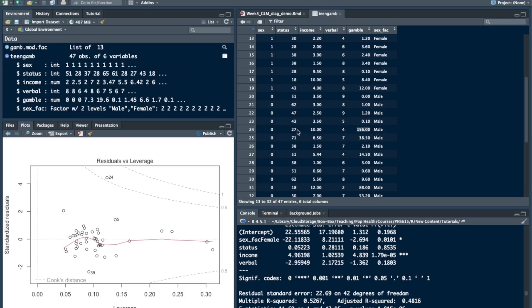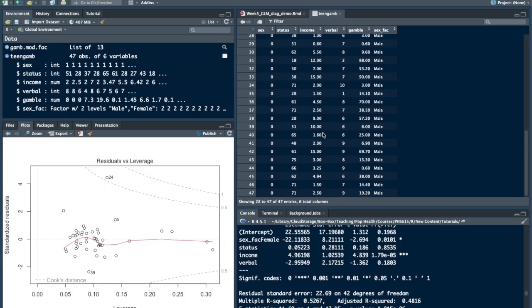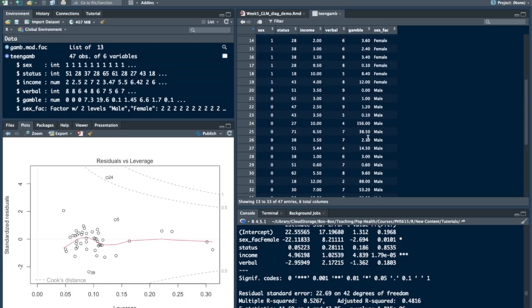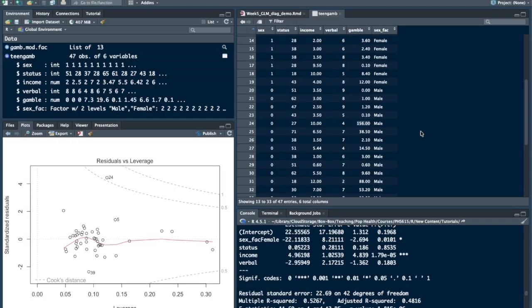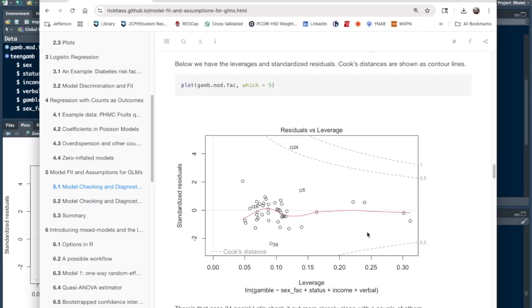The male, that's not surprising. So what we look at is, is their income really low? No. Sometimes with Cook's distance and leverage, it can be a weird combination of X values. In this case, what we have is just a large gambling expenditure. So if we delete this person from the model, our coefficients might look a bit different.